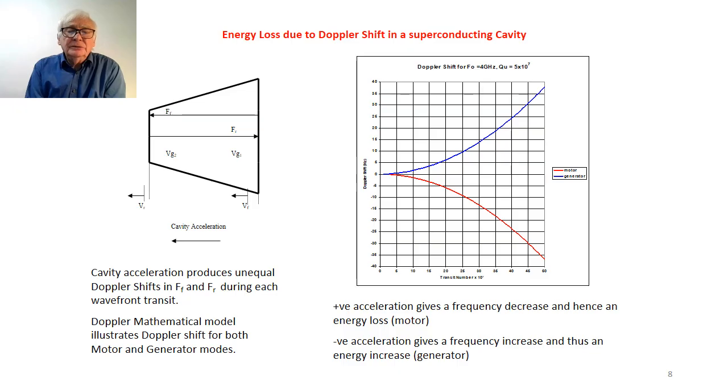If you actually use the thruster to decelerate a vehicle, so we have a negative acceleration, this actually gives a frequency increase. The model will just simply show a frequency increase due to the Doppler shift.